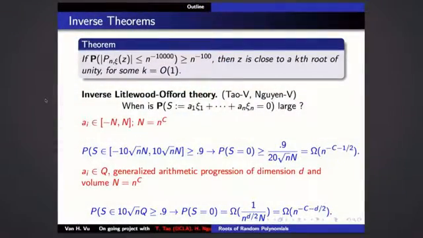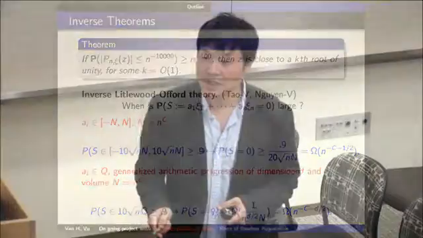Okay. You can generalize this to higher dimension if you take the a_i to be points in a Minkowski sum of arithmetic progressions, with volume n to the c, then you will have a similar bound, which is right here. This is the first case to keep in mind.